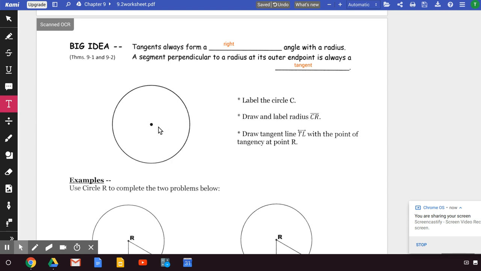So let's go ahead and label this circle C. That's the name of the center of the circle. And we're going to draw radius CR. It doesn't really matter where I draw this.